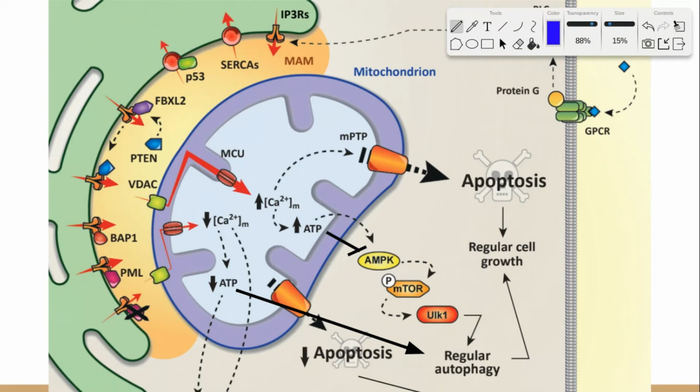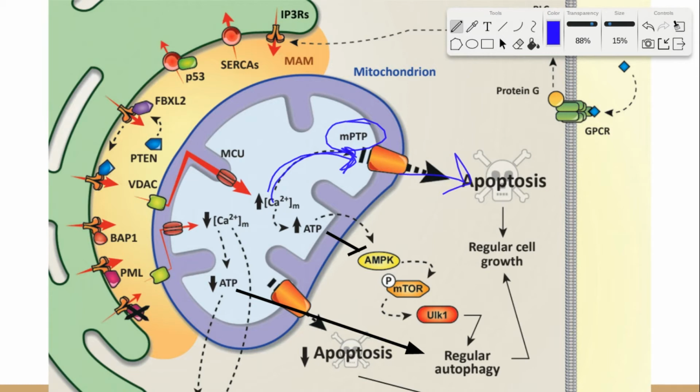However, if you have too much calcium flux, it leads to depolarization of mitochondria due to the opening of these mitochondrial permeability transition pores, MPTPs. MPTP is the name of a yet to be identified complex that leads to the release of matrix molecules larger than 1.5 kilodaltons.